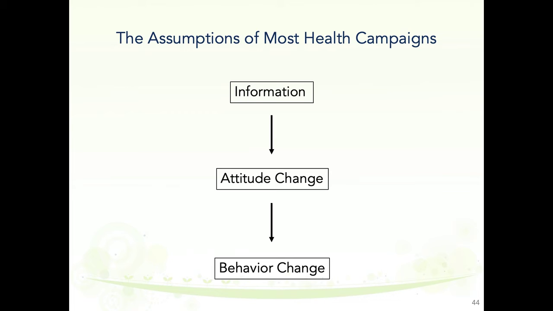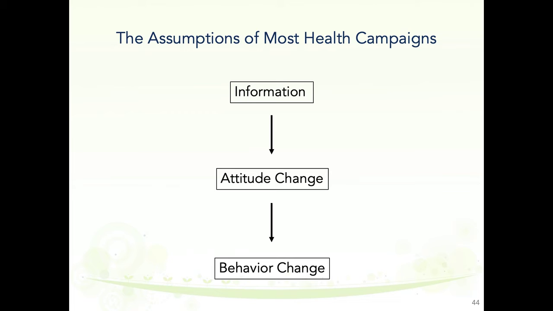All right. The assumption of most health campaigns is this. If we just gave people the right information that smoking harms them, they would change their attitudes, oh, smoking is bad, and then they'd change their behavior and actually smoke less. It's this sort of information deficit model, as it's called: all people lack is the proper information.